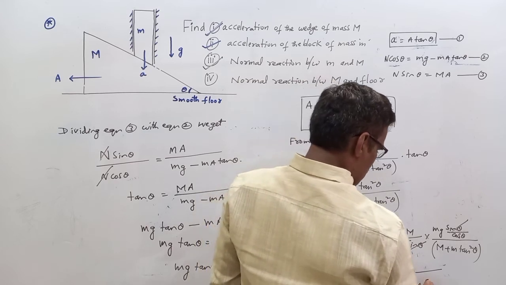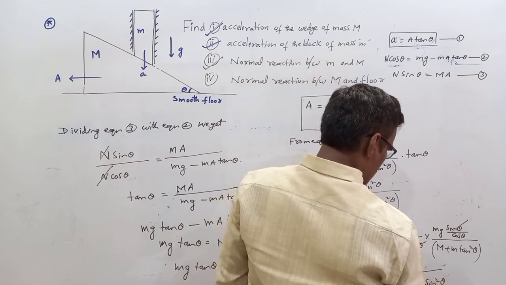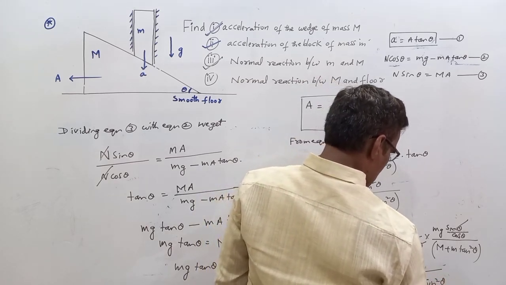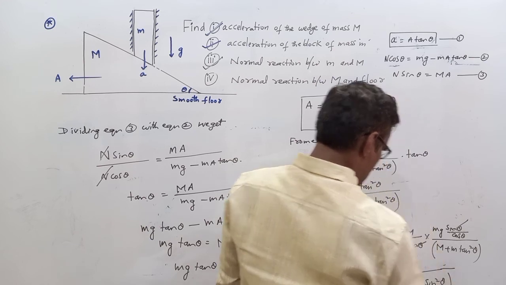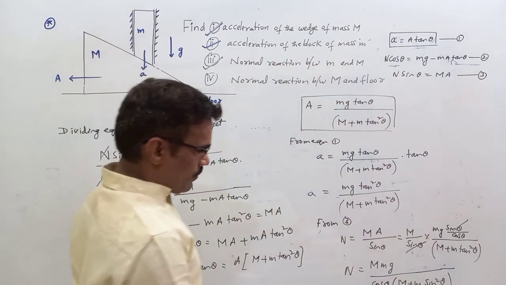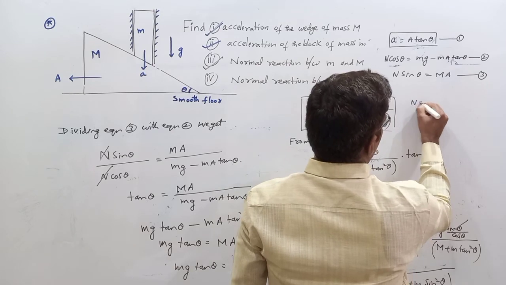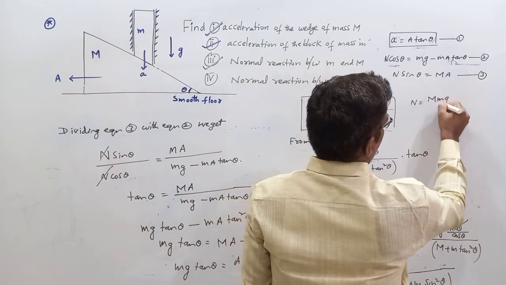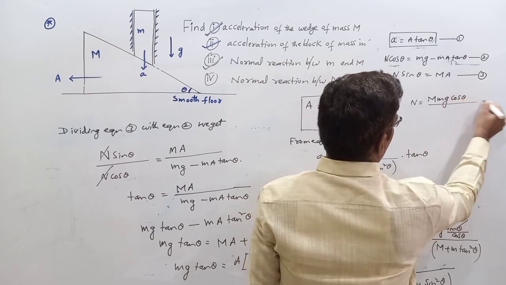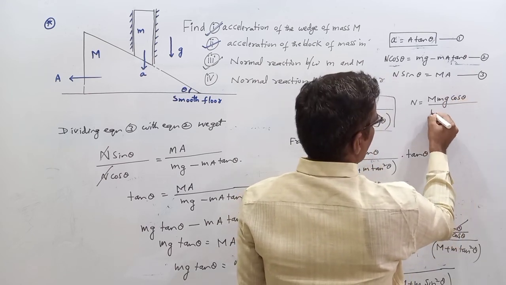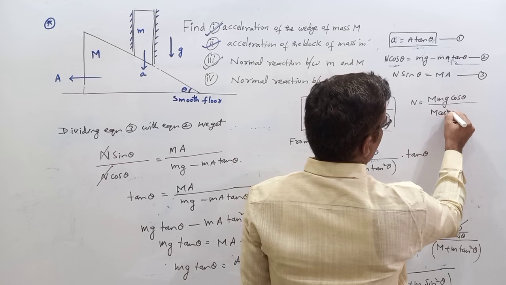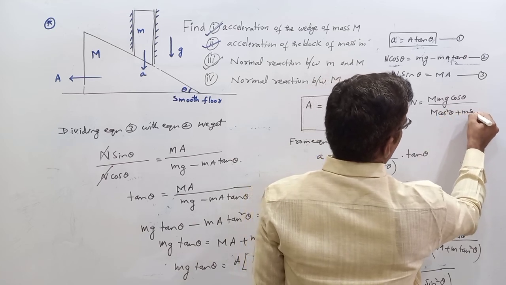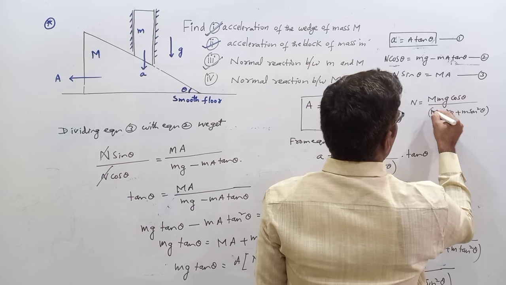But tan square theta can be written as sin square theta by cos square theta. Therefore N is equal to capital M m g cos theta divided by (capital M cos square theta plus small m sin square theta).